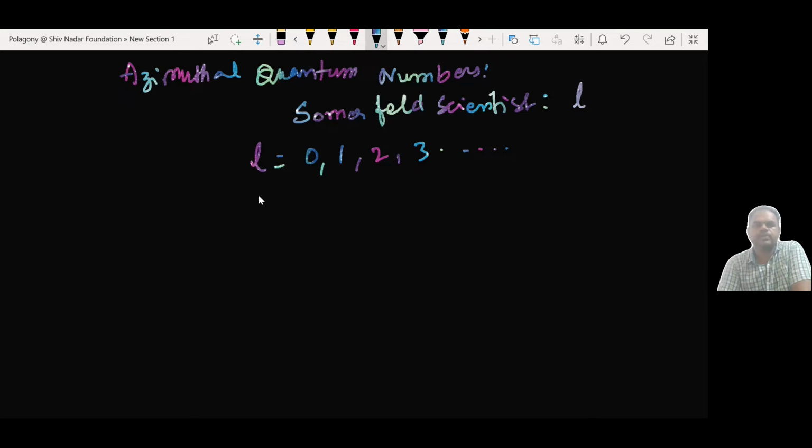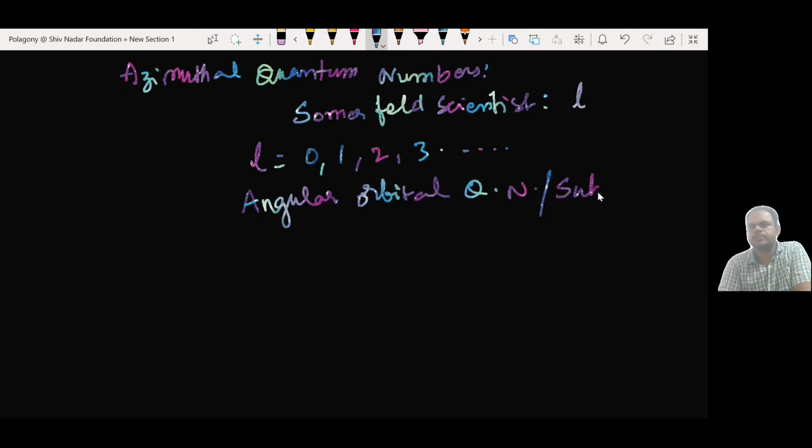This azimuthal quantum number is otherwise called the angular orbital quantum number, or the subsidiary quantum number also.